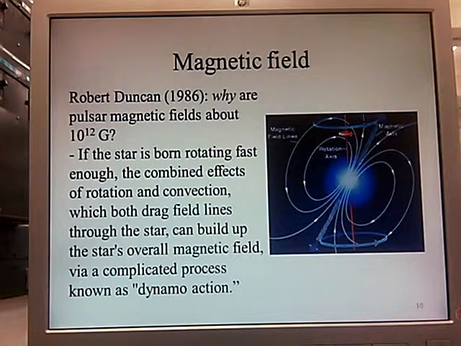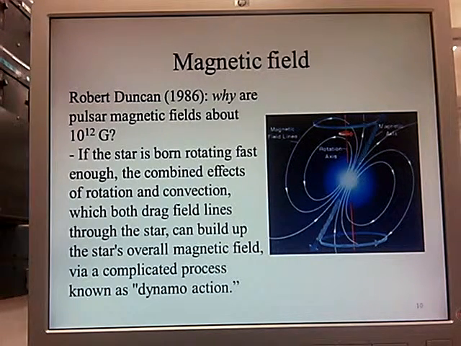Now, there's a nice question of why is 10^12 Gauss the typical magnetic field for pulsars? And the idea of thinking about this dynamo action leads to really asking the question of why it is so low compared to what you would expect if you also had some dynamo action.